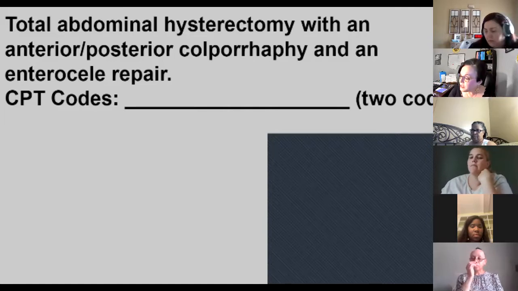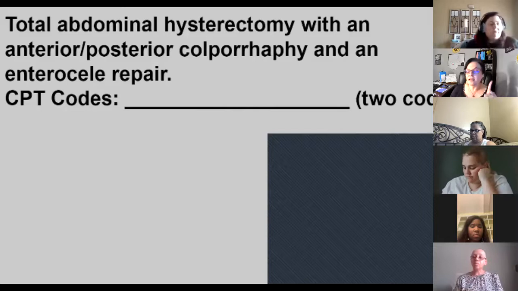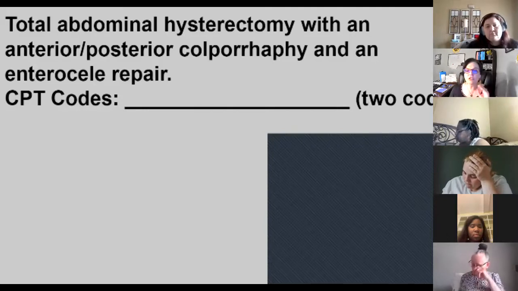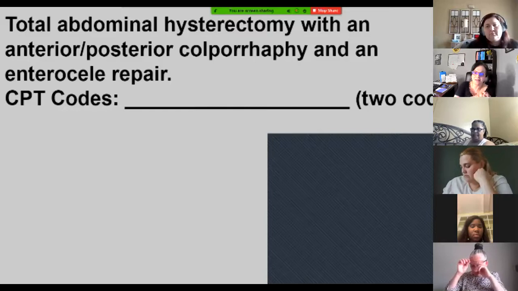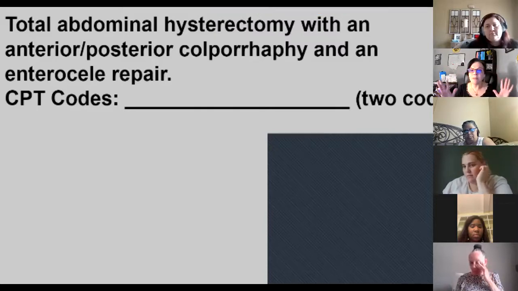Okay, I have a question. Modifier 51 is multiple procedures. Modifier 59 is distinct procedural service. Why wouldn't we use a 59, class? Because we're in the same part of the anatomy, right?